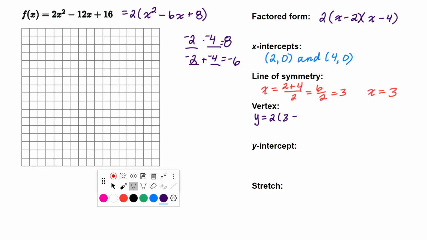So that's 3 minus 2 and 3 minus 4. So we have 2 times 1 times -1, which equals -2. So our vertex is 3, -2.